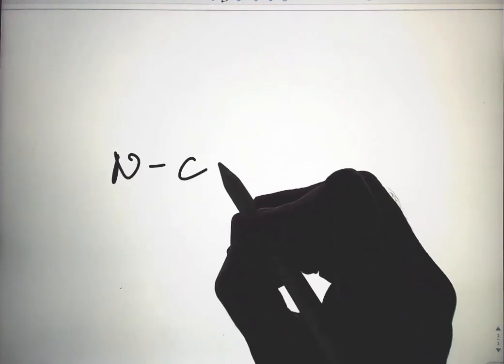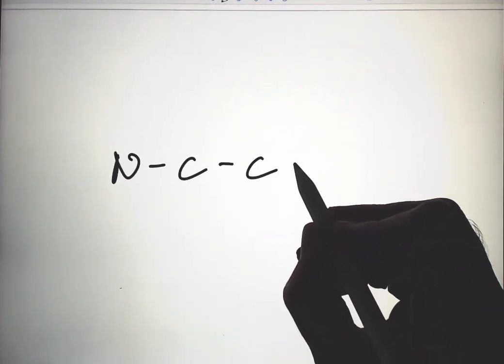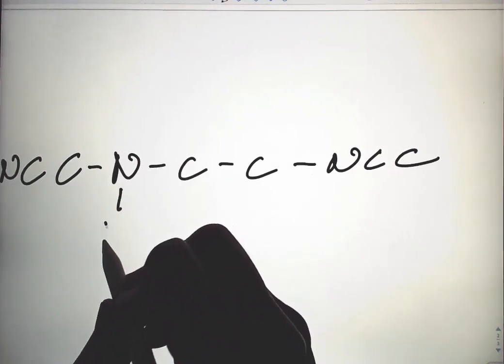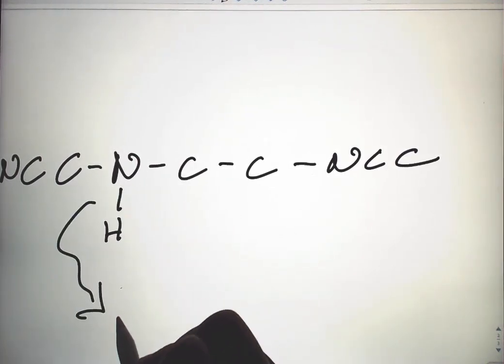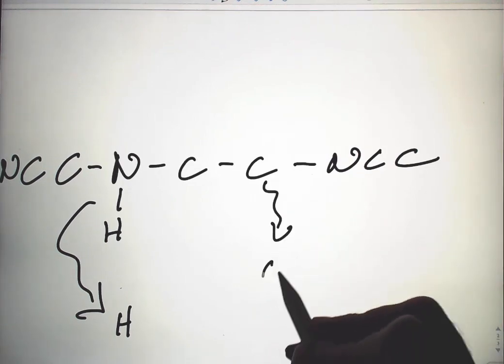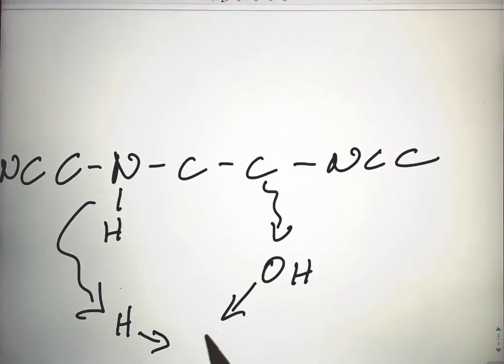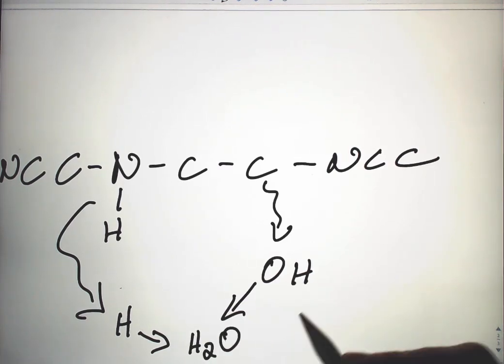Going back to NCC, when these are combined into a protein, we lose one of the hydrogens and we lose an OH from the carbon at the other end. Those are joined when peptide bonds are made, as water.